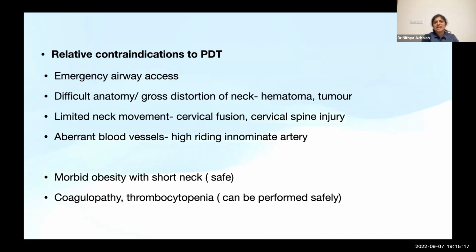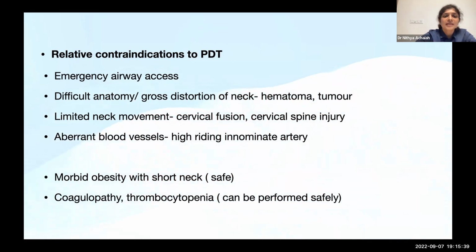There are certain relative contraindications to percutaneous tracheostomy. In patients with emergency airway access, it may not be the technique of choice. But having said that, even in patients with emergency airway access, depending on the institutional comfort and the person who's doing it, it can be done in emergencies as well.